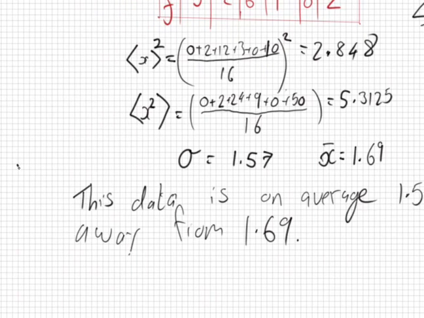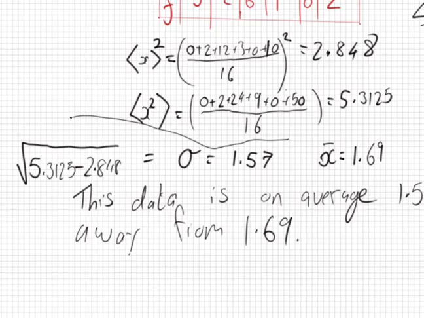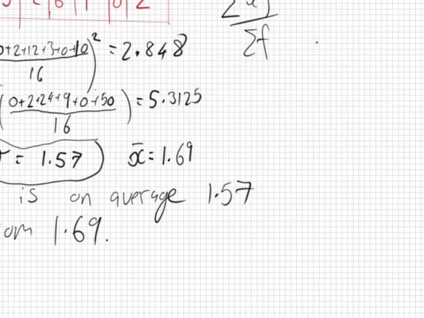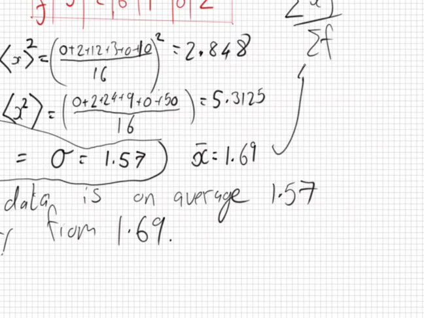Whoa, give me one moment. So this number here was the square root of 5.3125 minus 2.848. And then, whoa, oh. That number there, that's just the regular run-of-the-mill normal average. That thing or that thing, whatever symbol you want to use.